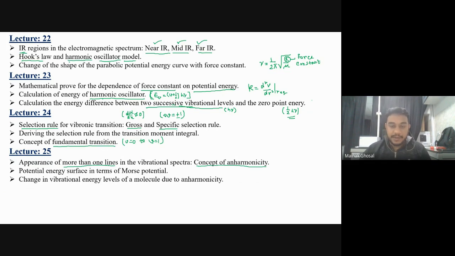A bond can vibrate, but only up to a certain point, after which the bond will break. There was a concept of dissociation energy.